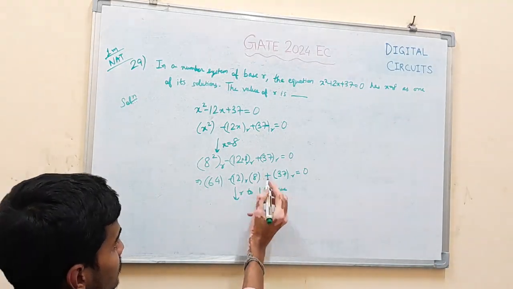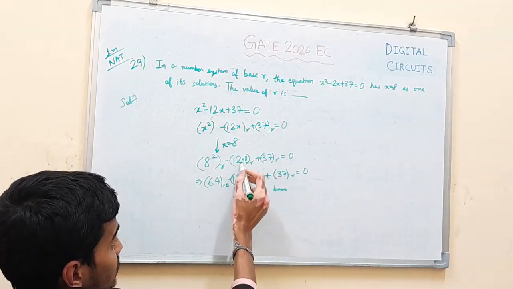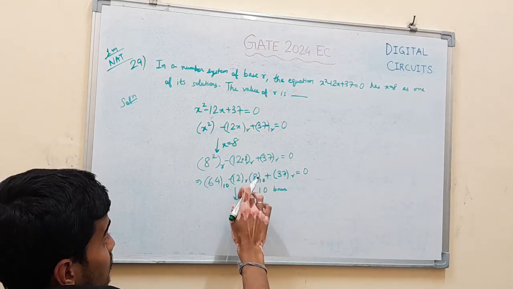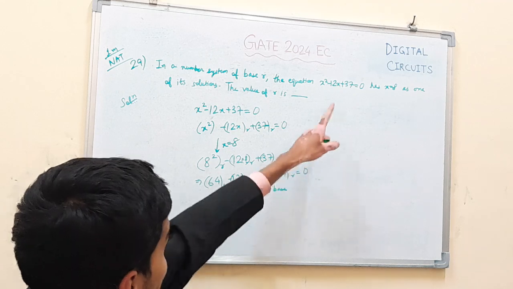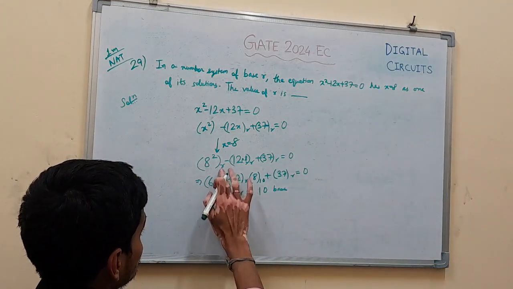This is in base 10, these are in base 10, this is in base r. The constant terms are in base r. Mistaken, sorry. 37 and 12 are in base r. Others, x equal to 8, that is in base 10. Okay, it's base 10 only.